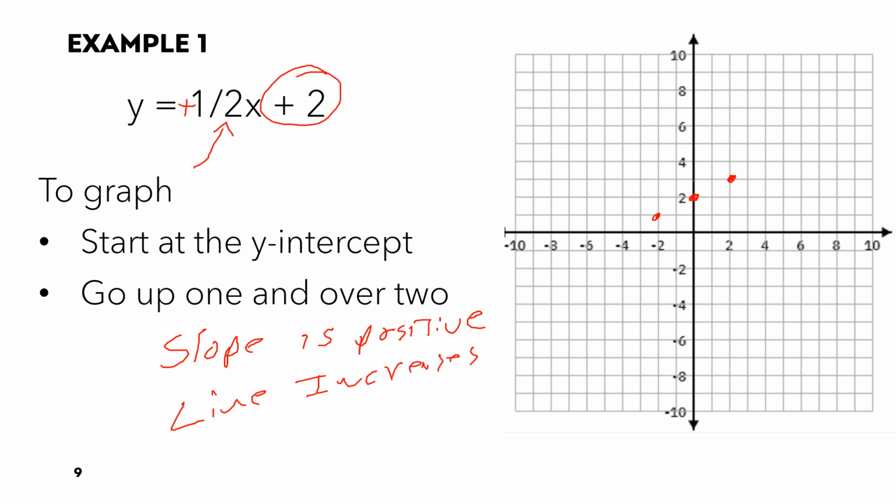And this is important to know when we're plotting our points. So I started here and I went up 1. I went to the right 2 because I know my line needs to go up. So go ahead and pause the video and see what you can come up with for this graph.